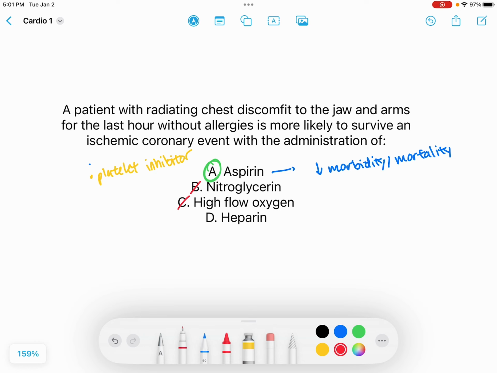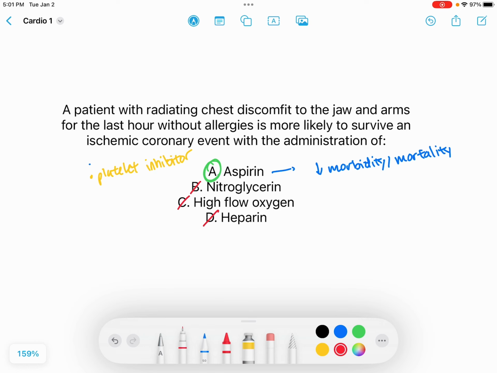Heparin is not an EMS medication we play with. At the paramedic level, you may be asked to transport it, but as an EMT, and this is what this is focused on, we should not be picking answers that are not within our scope of practice, unless they're asking which one of these things can you not do, right?